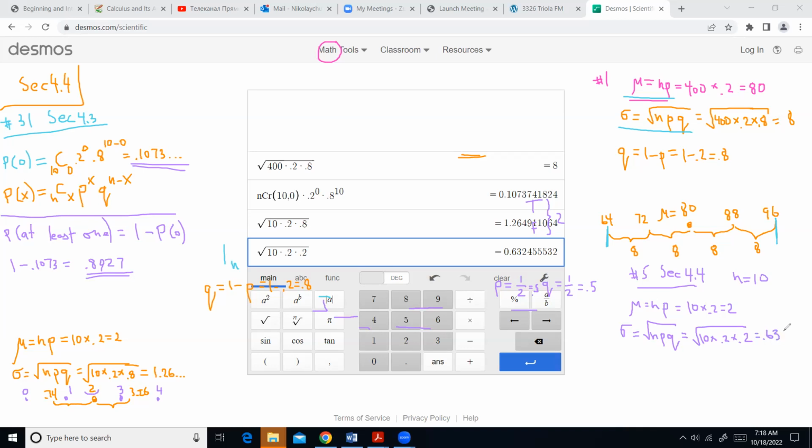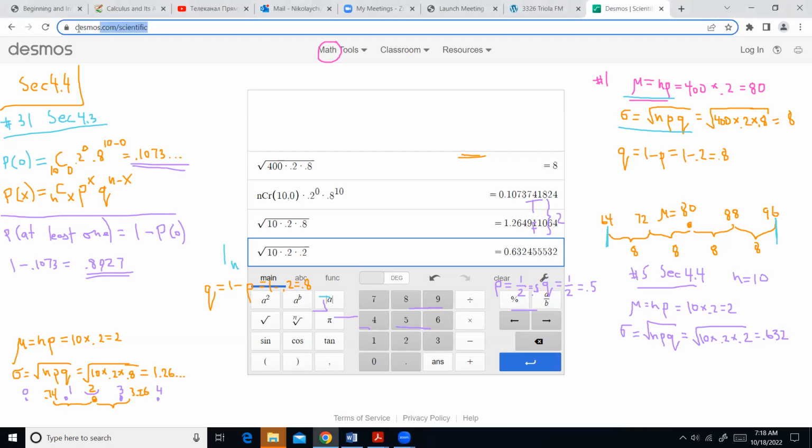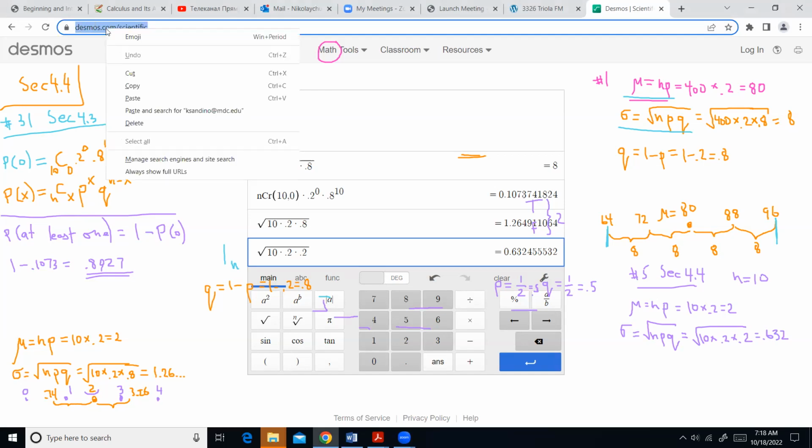Just get a calculator. Calculator is free, and for those people that joined us a little later, I can share the link to this calculator with everyone here in the Zoom chat. I think this is a very helpful calculator.